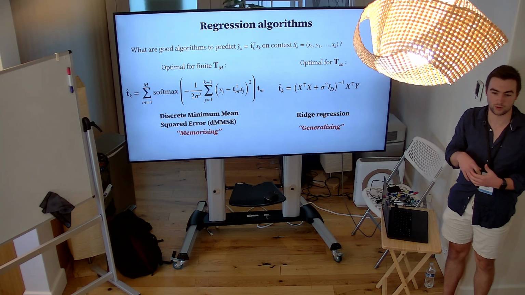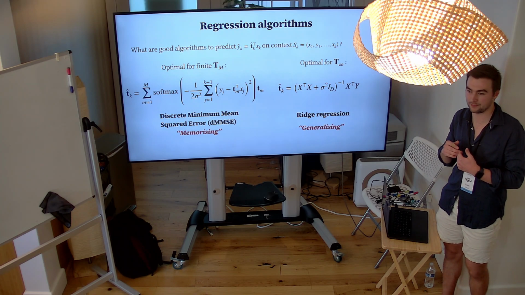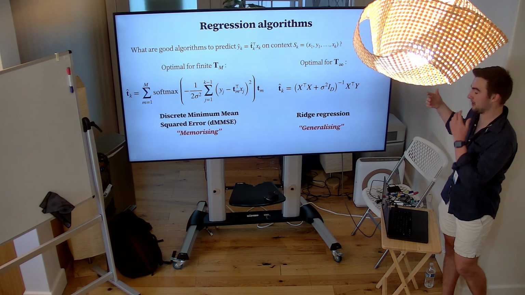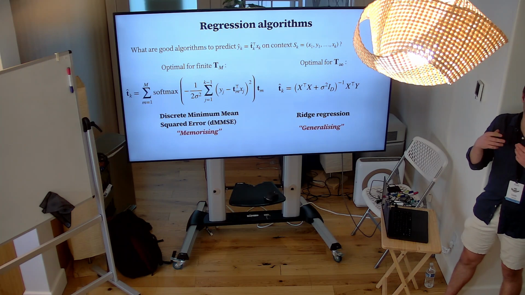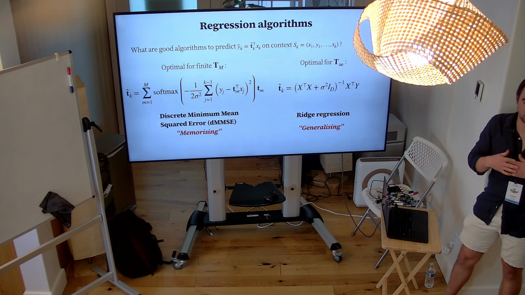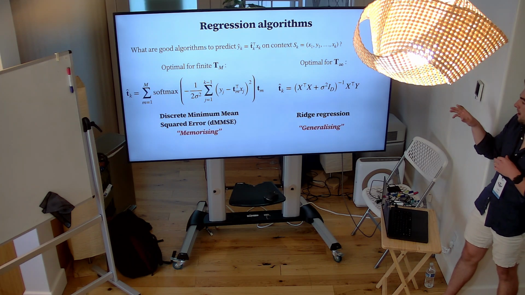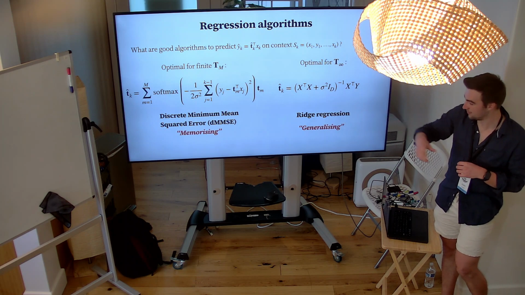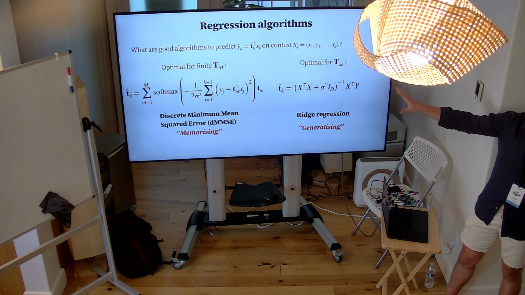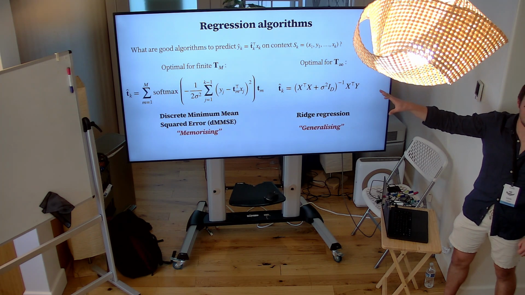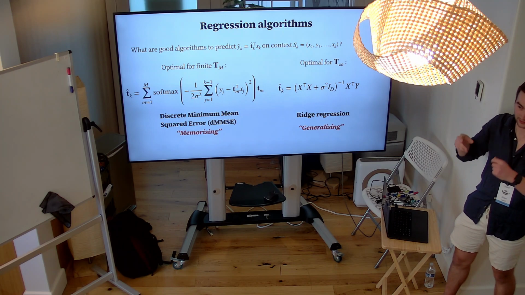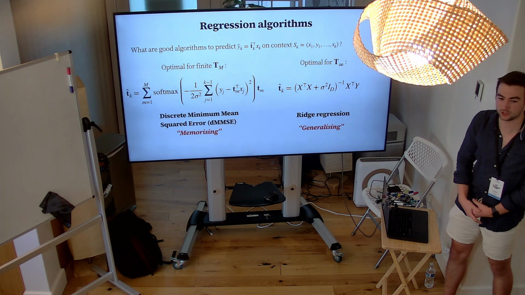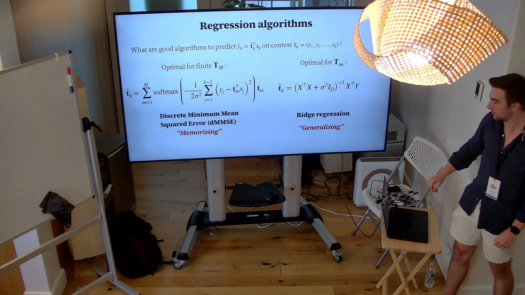It can perform well on any task from the normal distribution. So importantly here, DMMSE, the discrete minimum mean squared error, is not going to perform well on out of distribution tasks if it's a finite set, but ridge regression can still perform well.